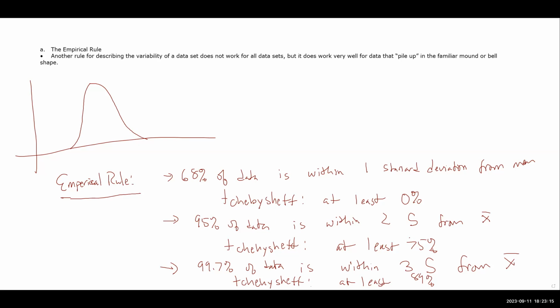The empirical rule only applies to situations where you have a bell-shaped curve, you know, the classic piled up mound-shaped curve. And in these situations, you know more of the data is closer to the middle compared to, say, Chebyshev's theorem, which says mine applies everywhere and at least a certain percentage. Okay. All right, let's move on.